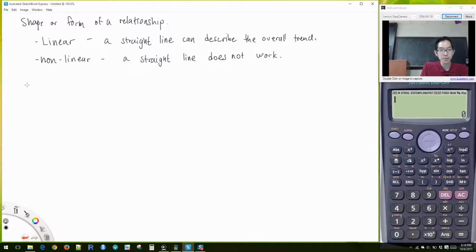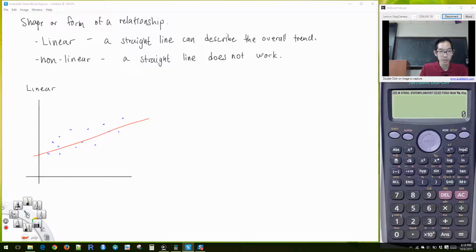And so linear would be something like this, so that works as linear because it seems like a straight line could describe our data there. Whereas we can have lots of examples of nonlinear.